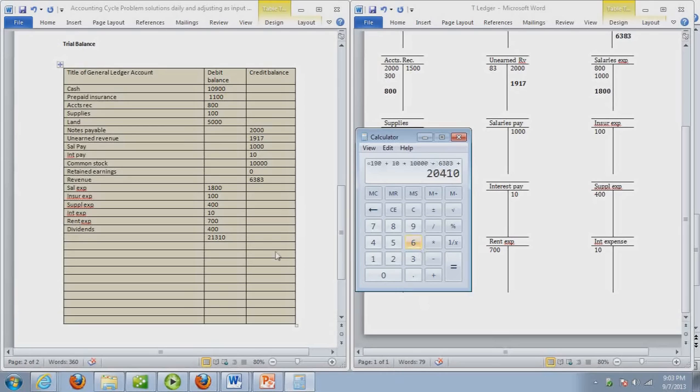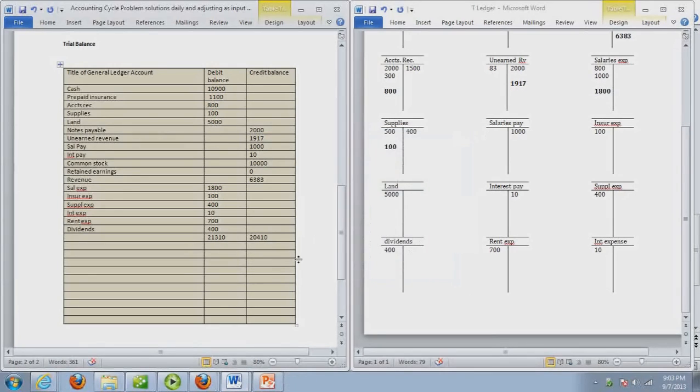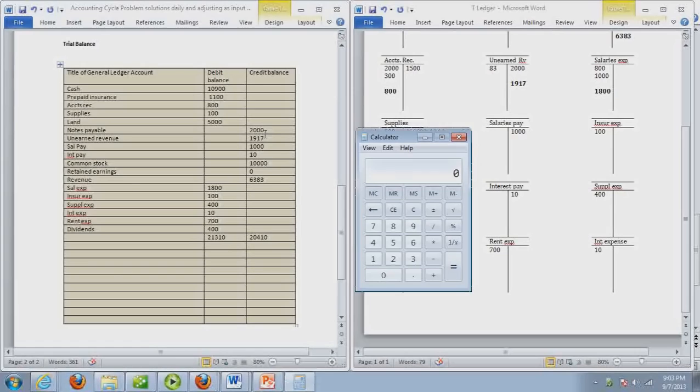Okay, we don't balance, 20,410. So what we could do is re-add the numbers. I'm going to start with the credit side. So if I re-add, I've got 2,000. We do it a little more carefully. And you could sort of trace yourself backwards.